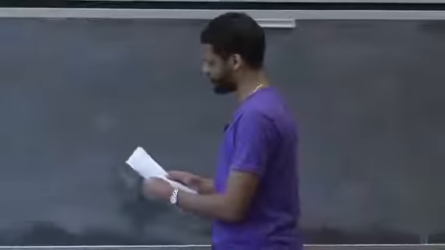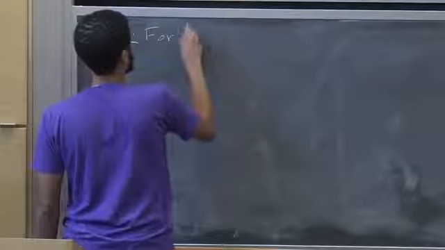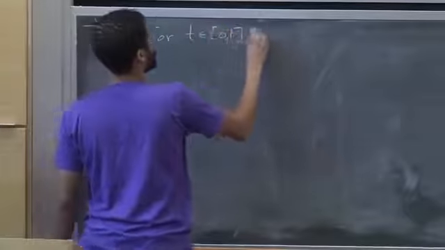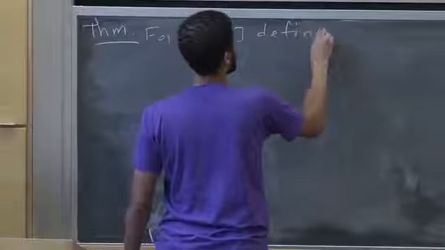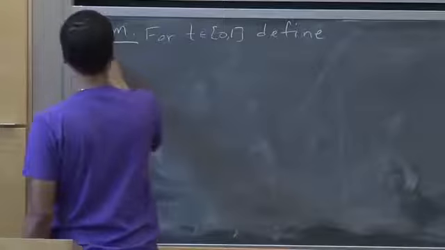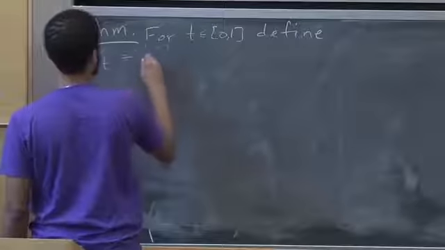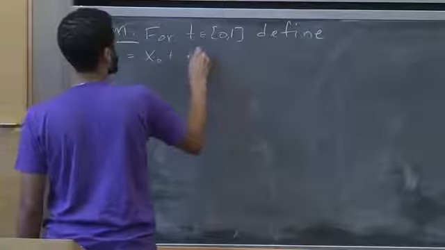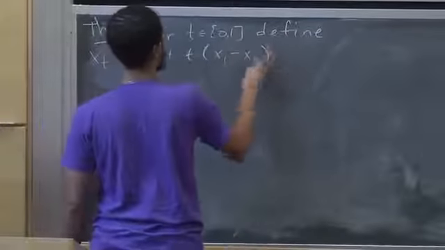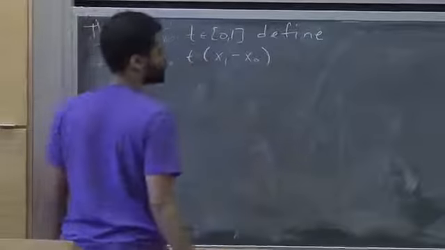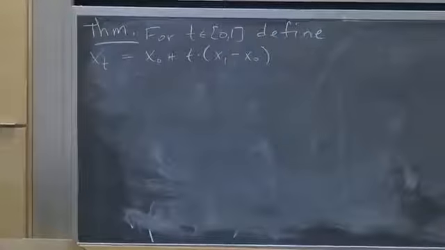So let me write down a theorem. So again, for t in [0, 1], define x_t to be x0 plus t times (x1 minus x0), where by x1 I mean that x1, and by x0 I mean the point that we're currently at.